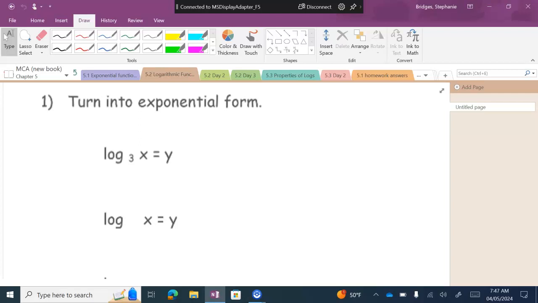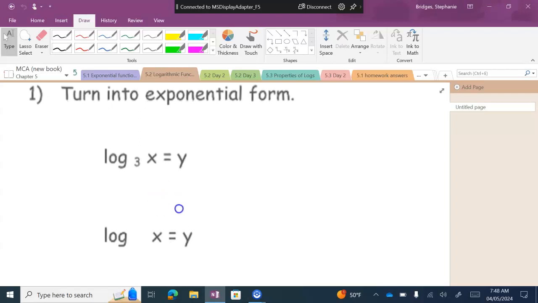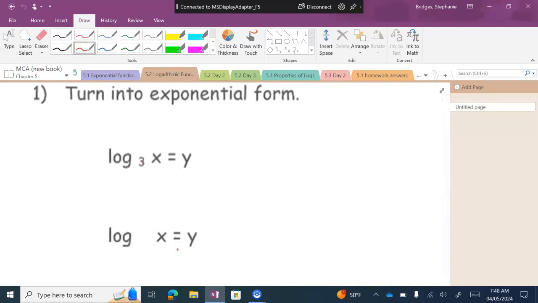Okay, so what does exponential start with? What letter? E. Okay, so watch this. Everybody ready? I always start with my base. Which one of those is my base? 3. Okay, so I start with my 3, and it's going to be 3 to the y power equals x. What letter did I just make? An E. I'll show you again.